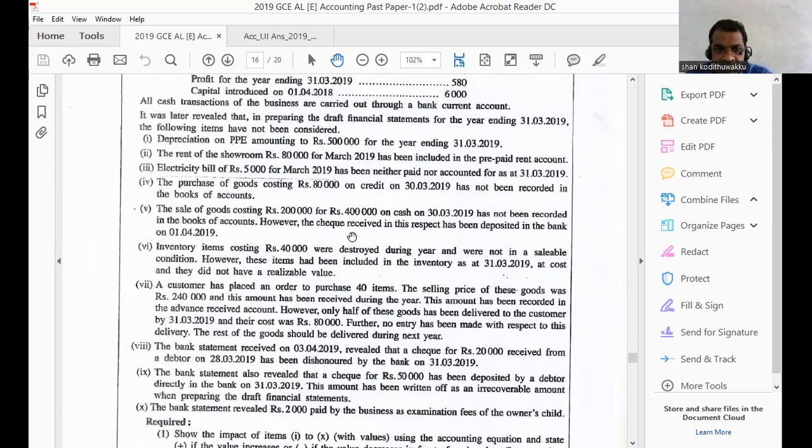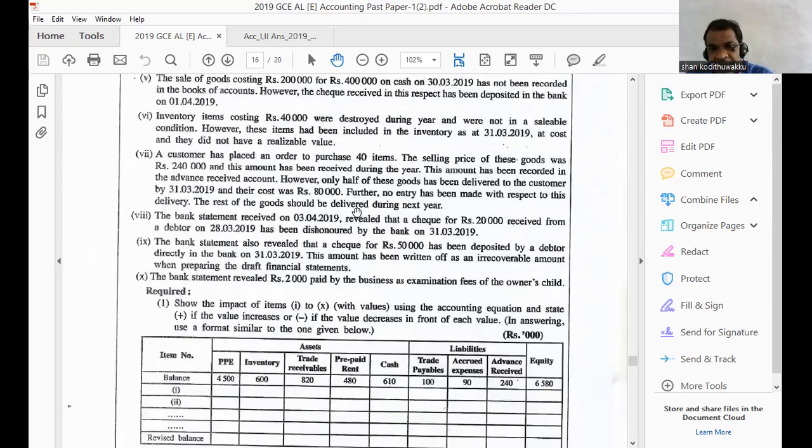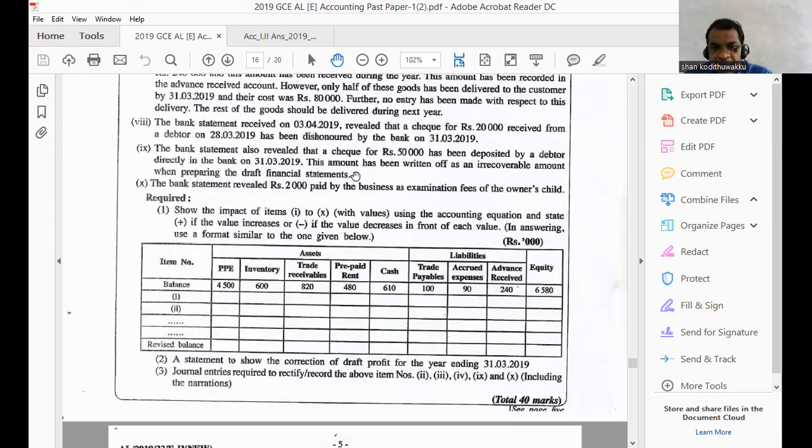Here you are given 10 transactions. Then at the end of the question, they have given you a format to adjust those 10 transactions. Therefore, on your answer script, you can draw or paste this given format by using the available space in a new page, and start to do.